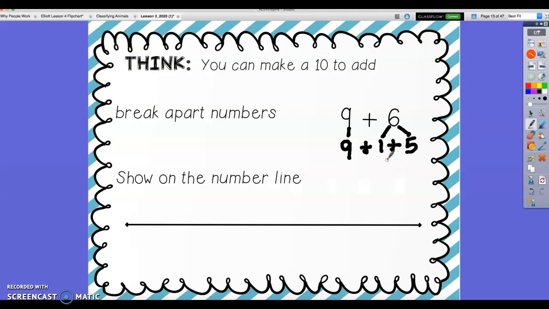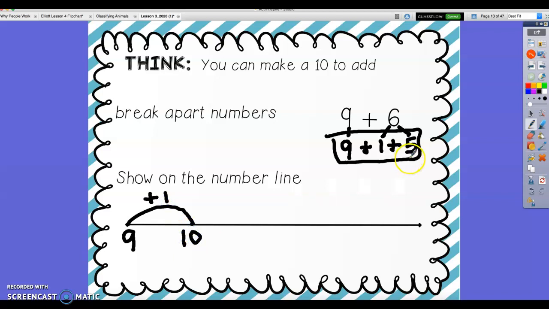Now I'm going to show you on a number line. It's an addition problem, so I want to start on this side of the number line, because I'm adding to this number, not going backwards. Looking only at where I broke apart numbers, I'm going to do 9 plus 1 on my number line. So 9 plus 1 is 10.